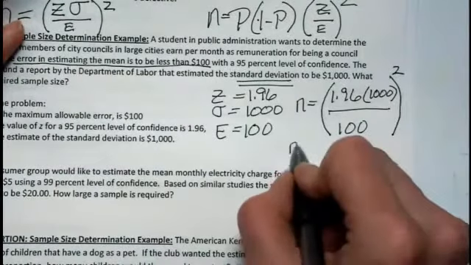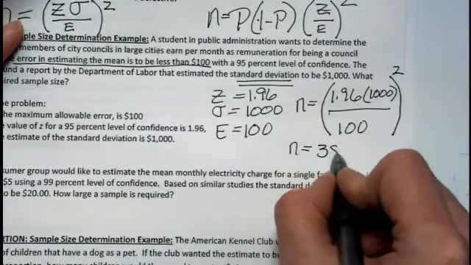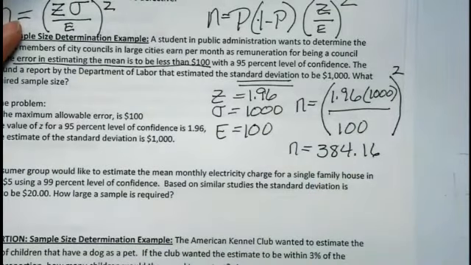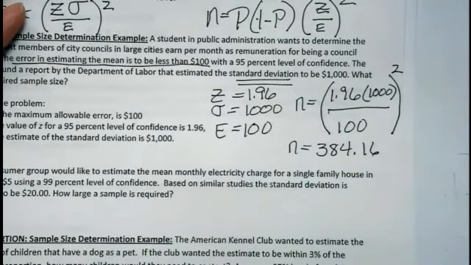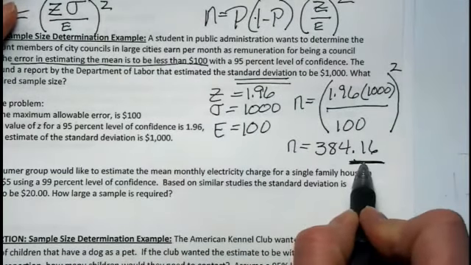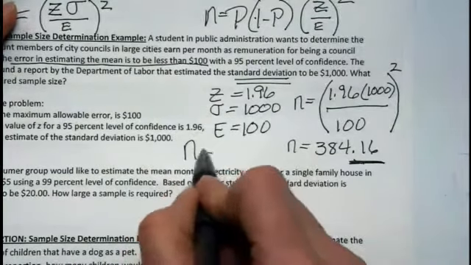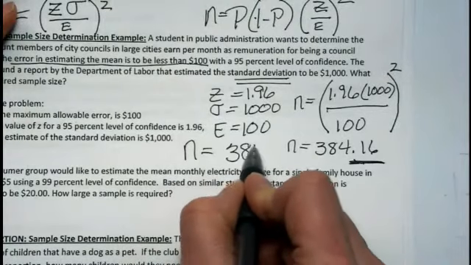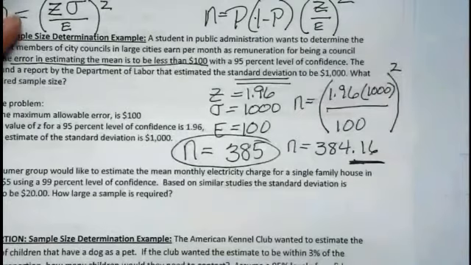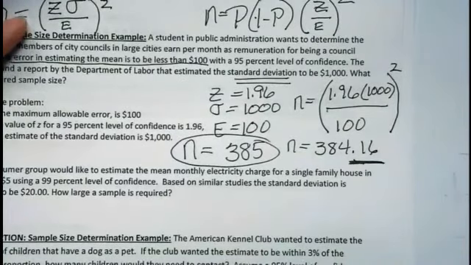When you get this, listen carefully, you get 384.16. When you do sample size, it breaks the rules for rounding. If you get anything there, you always round up. So the required sample size is 385. You've got to round up with any little bit there.